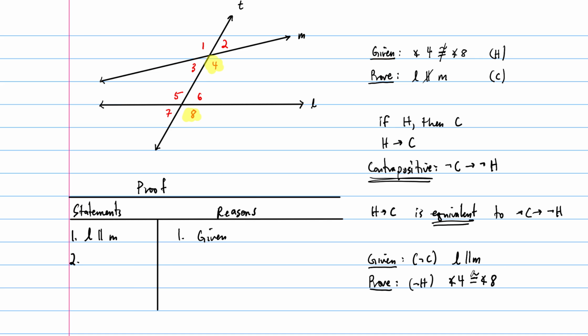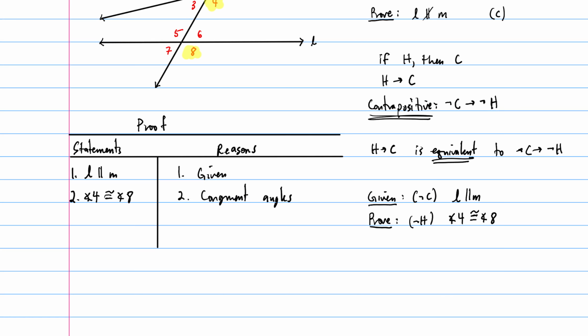So we can immediately state our conclusion: angle 4 has to be congruent to angle 8, by congruent angles. But then what we actually get from all this is that we can now deduce that the original statement is true.